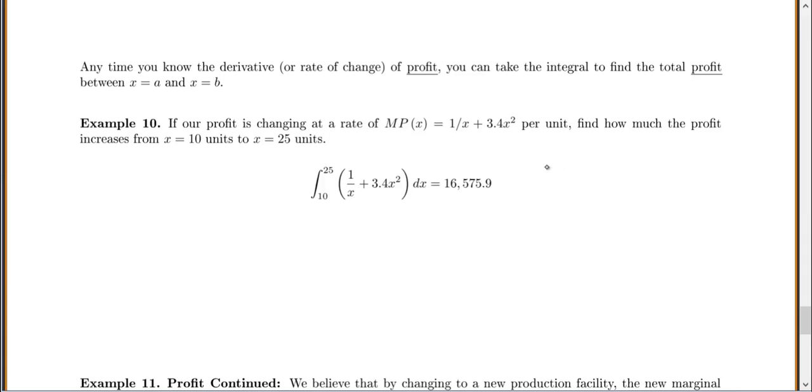And now let's talk about our business. So anytime you know the derivative or rate of change of profit, now you could put in here cost or revenue or almost anything else you can think of.